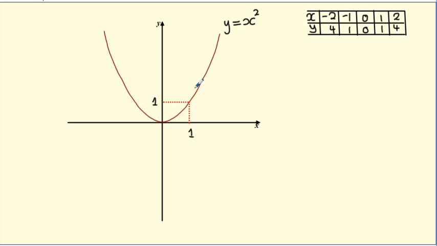What is important here is to highlight that we are looking at a standard graph where a equals 1. In that case, 1 squared gives you 1, and equally -1 squared gives you 1. Then you get a graph like this, and you can see that this graph is symmetric, like we can see on the table of values.